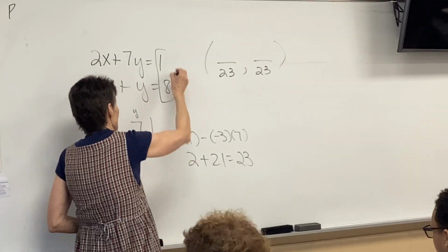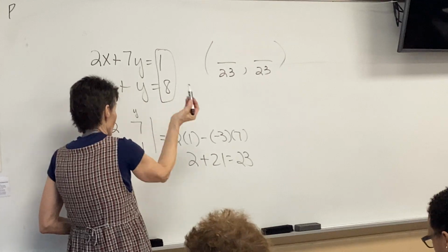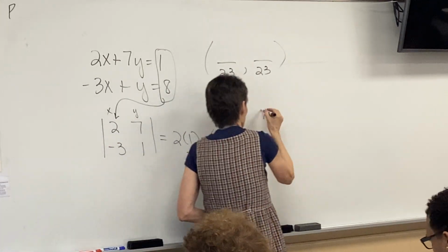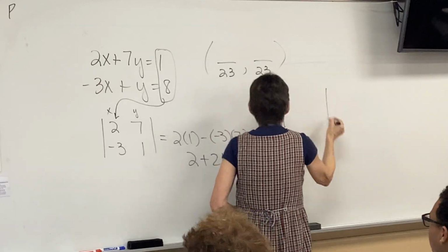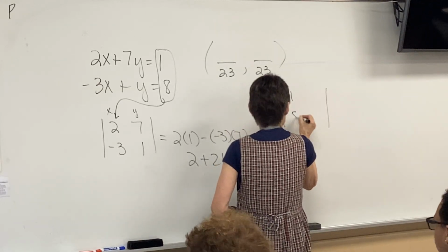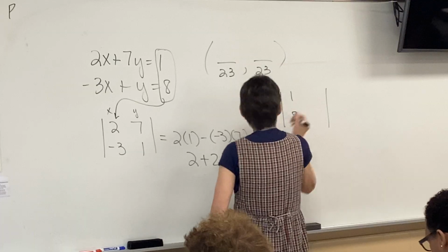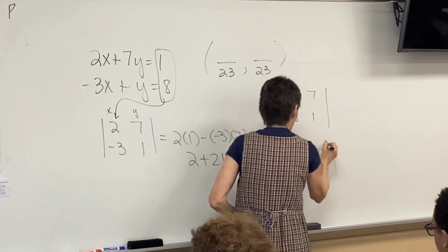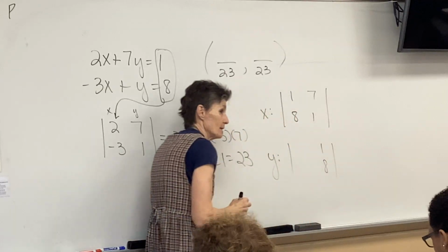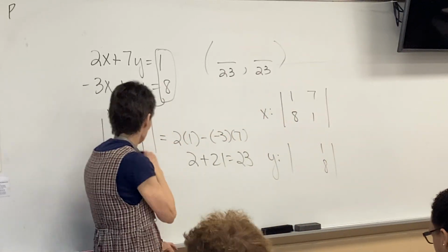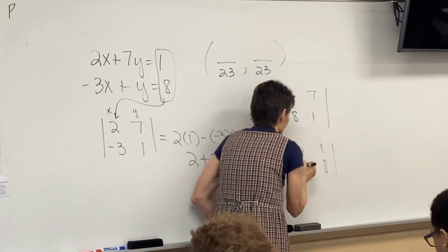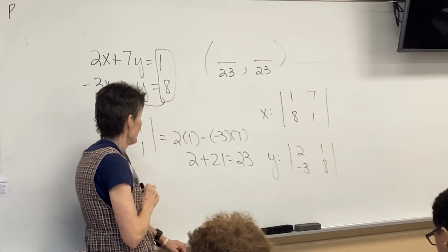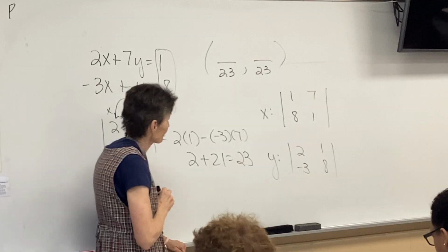Take these two right here, and one at a time, plug them in for each letter. If I put it in for x, I have my 1 and my 8 in the x spot, and then 7 and 1. If I plug it in for the y, I have my 1 and my 8 in the y spot, and my 2 and negative 3. And then I'll evaluate them.